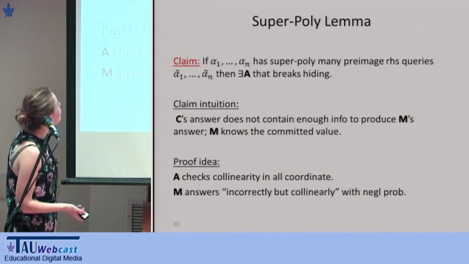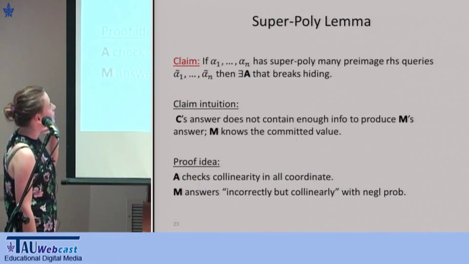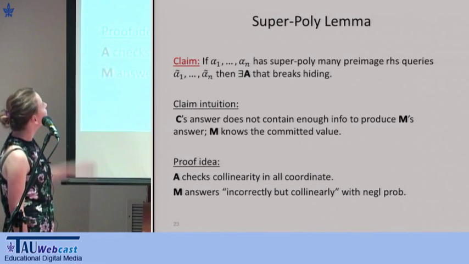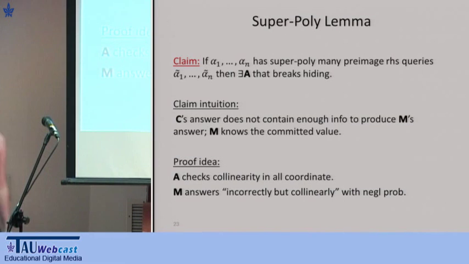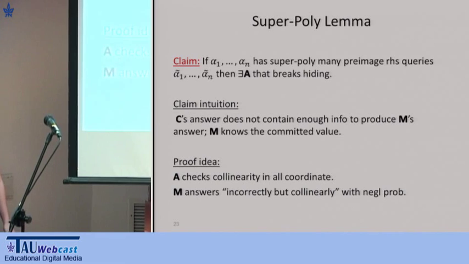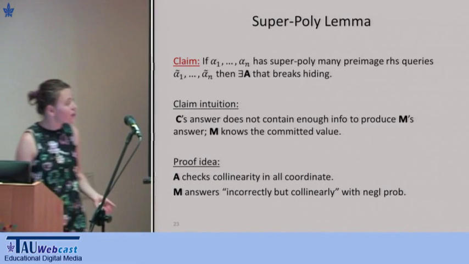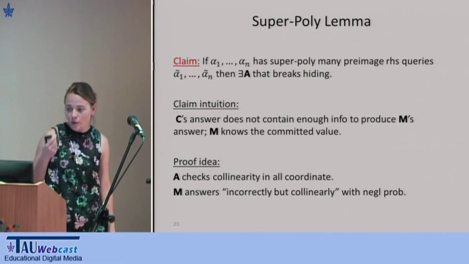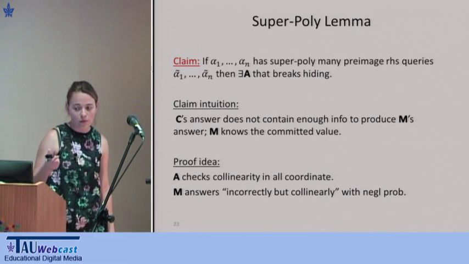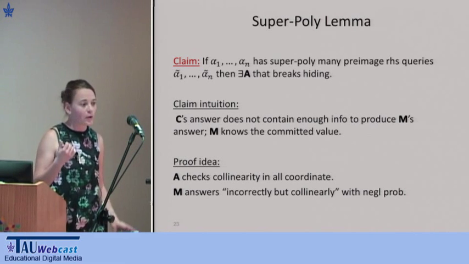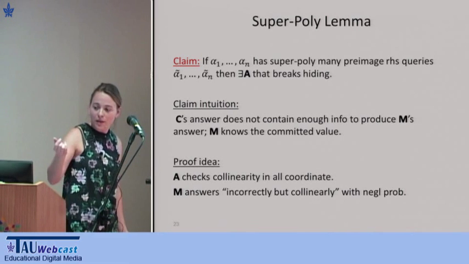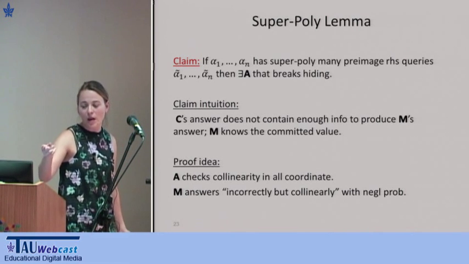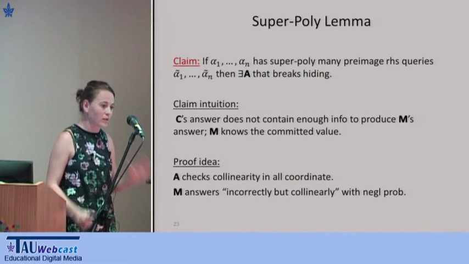Sorry. The main technical lemma that we use to show that we break hiding is the following. If you have a challenge on the left such that it has super polynomially many pre-images on the right, it means that there are super polynomially many challenges on the right that, once they are asked, exactly this alpha 1 up to alpha n will be asked on the left.